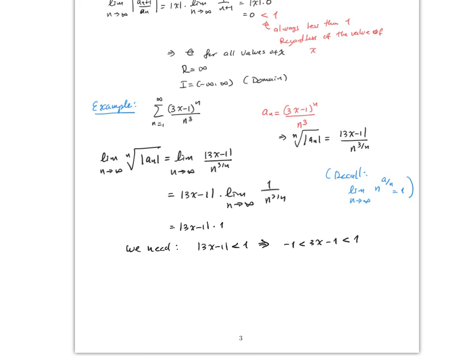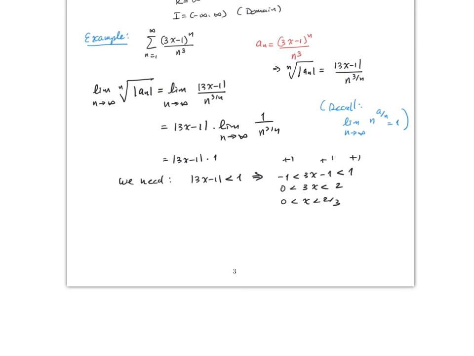Or if you add 1 to each side, okay, you have 0 less than 3x less than 2, or 0 less than x less than 2/3. Okay? And then these are the endpoints.